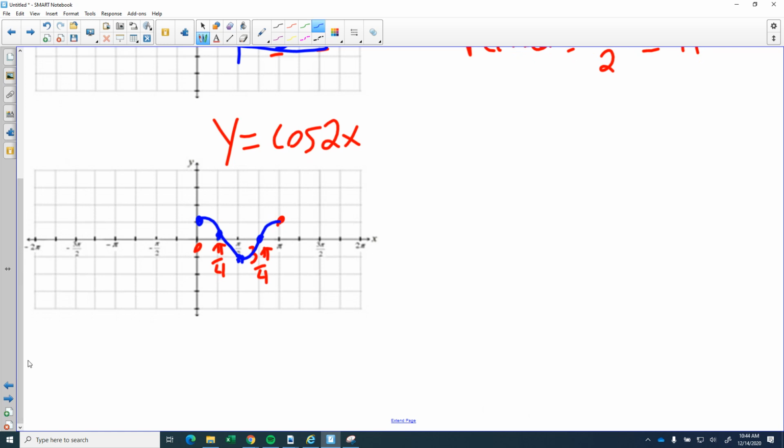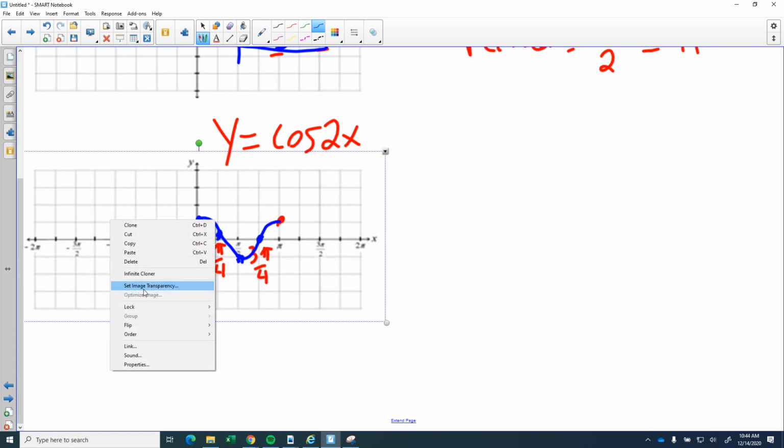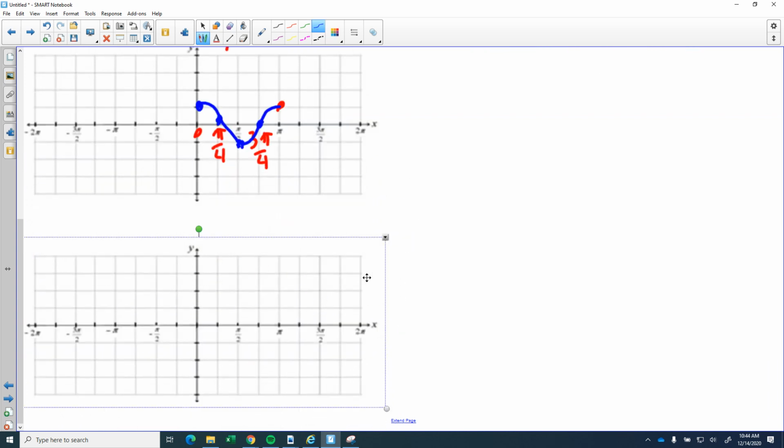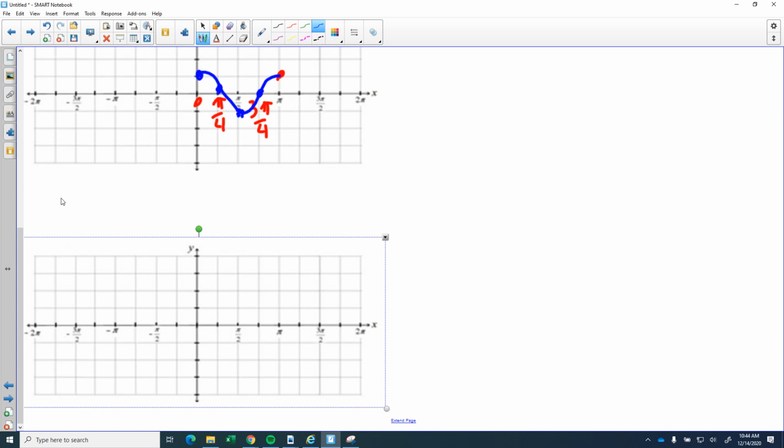Now, last but not least, we do have to consider our phase shift. The last thing we have to consider based off of the graph we currently have is that we also have to apply a phase shift to this problem.